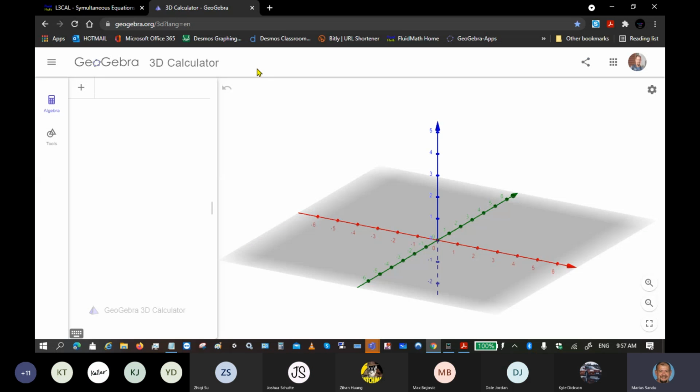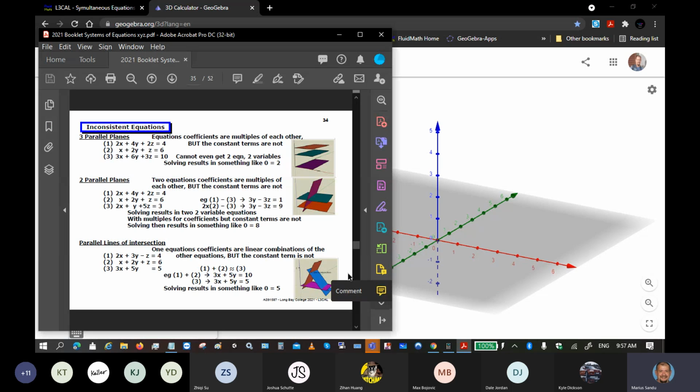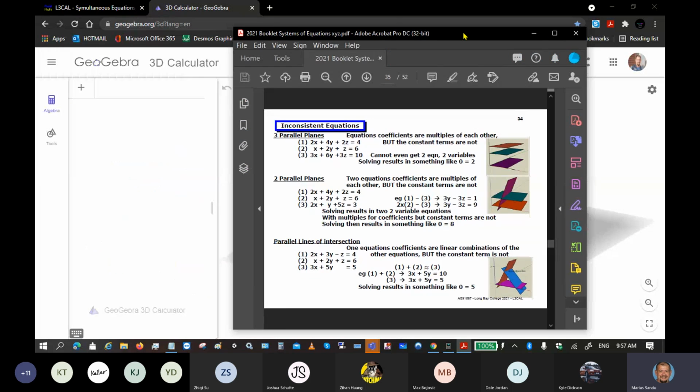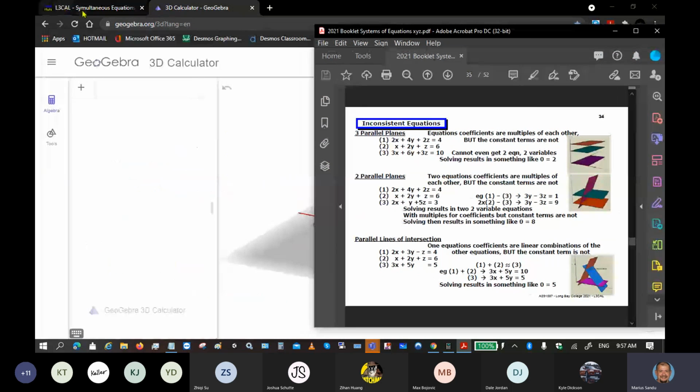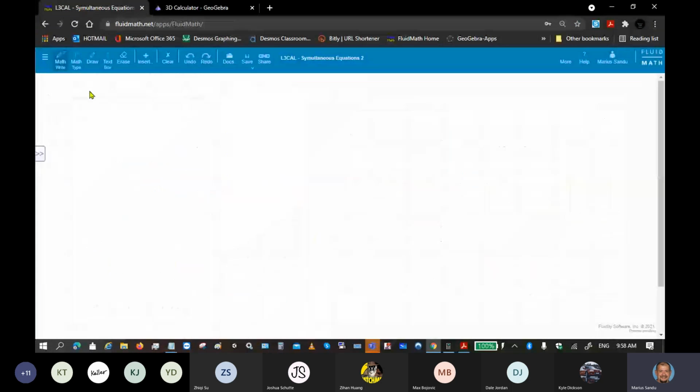Cool. So now, if we go to page 34 in our booklet, we've got this system of equations. So let's try and enter them into our calculator.